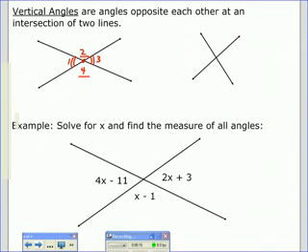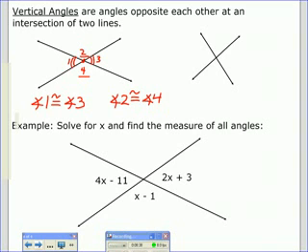Vertical angles are opposite each other at an intersection of two lines. And beyond that, vertical angles are congruent. In this picture, angle 1 is going to have the same measure as angle 3. Angle 2 is going to have the same measure as angle 4.